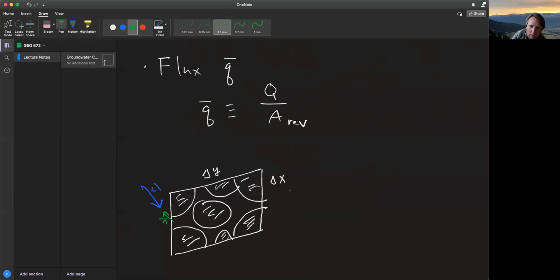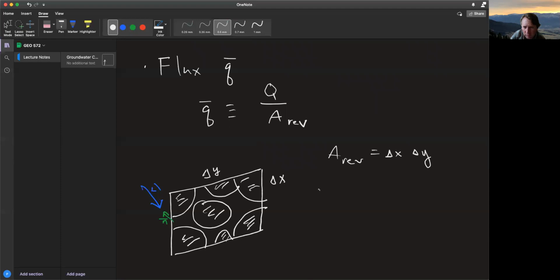Our flux here is the total discharge measured across this plane. So this plane, let's call it a REV, has an area of delta x times delta y. That's the area of this plane. So the flux here is all the discharge coming across this plane divided by the area of this plane.